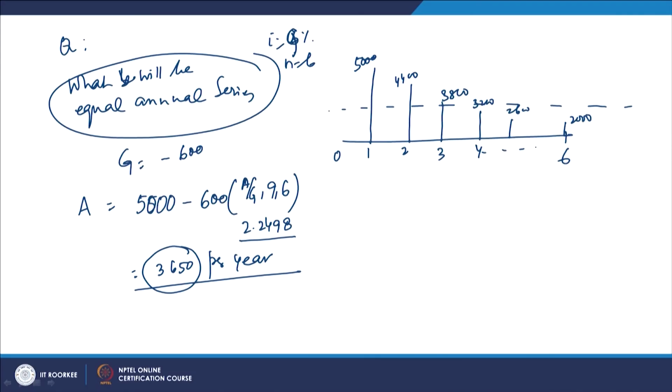So if you deposit 3650 every year, it will be the same as the series of 5,000 with a decreasing series of 600 rupees every year.